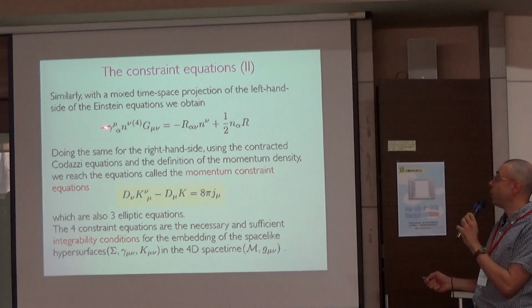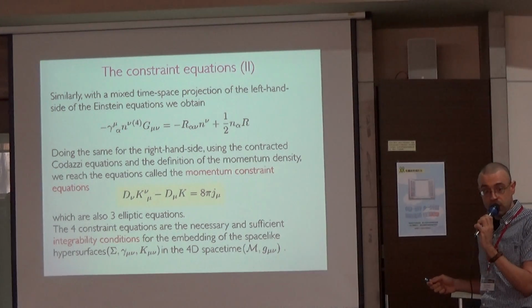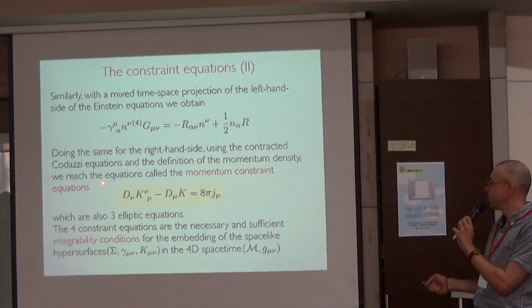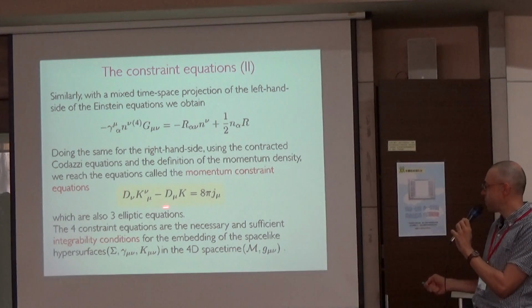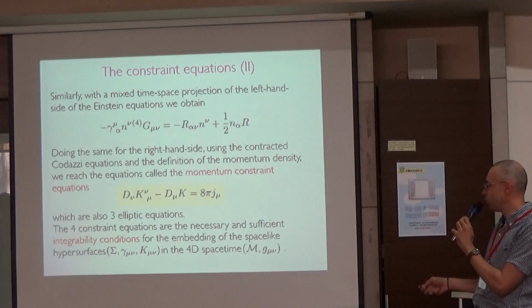Then we can project the Einstein tensor one time, one index in the timeline with the timeline projection operator, and one time with the spatial projection operator, and we get four other equations, called the momentum constraint equations because they relate to the momentum.